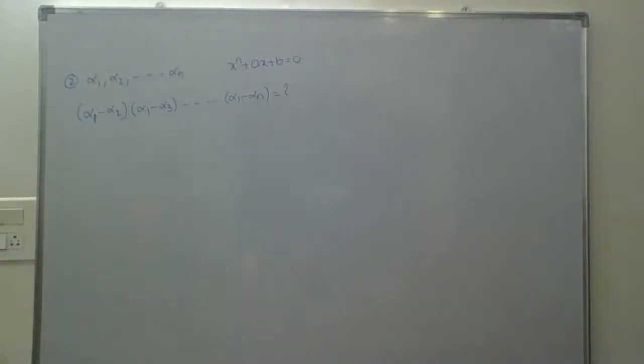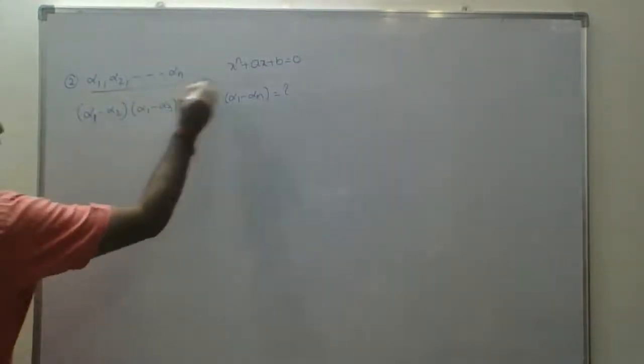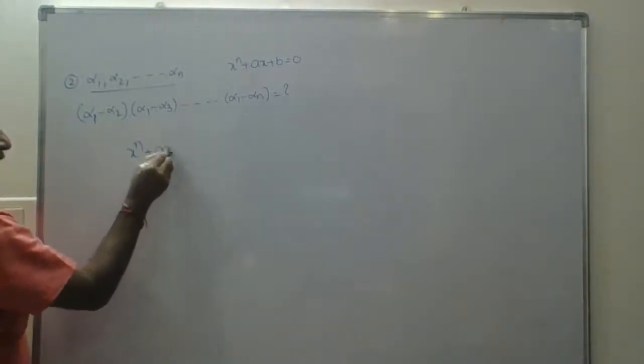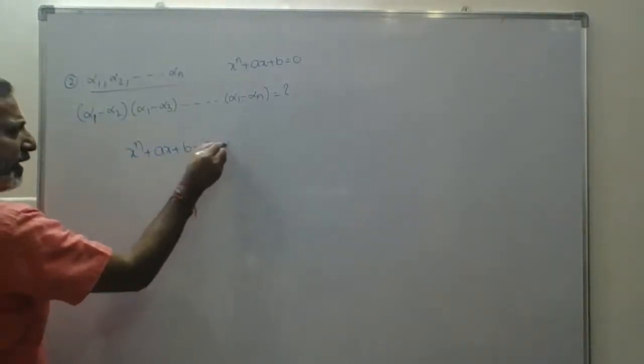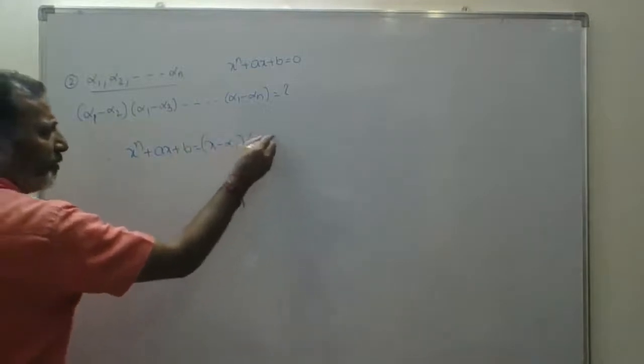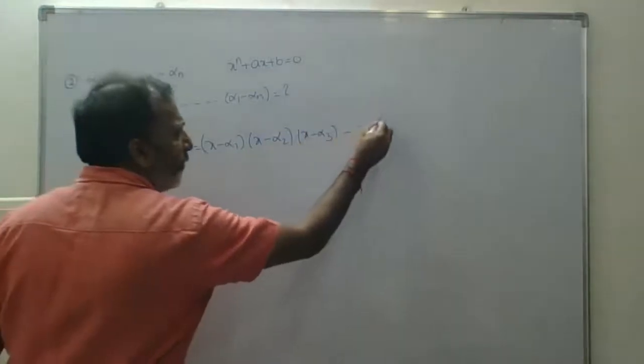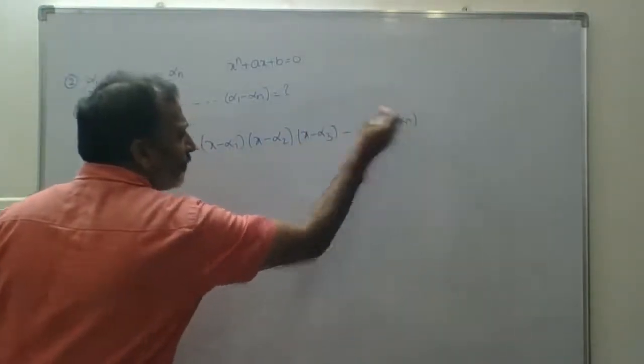Look, these are the roots of this equation. Therefore, we can write x power n plus ax plus b is equal to x minus alpha 1 into x minus alpha 2 into x minus alpha 3 into so on up to x minus alpha n.